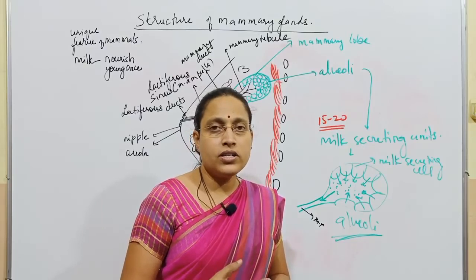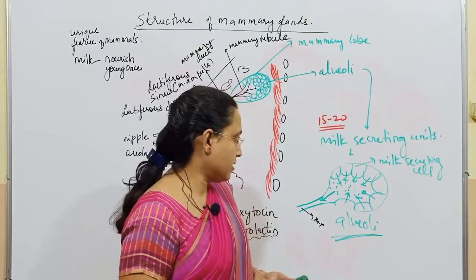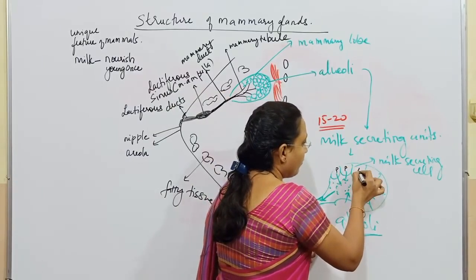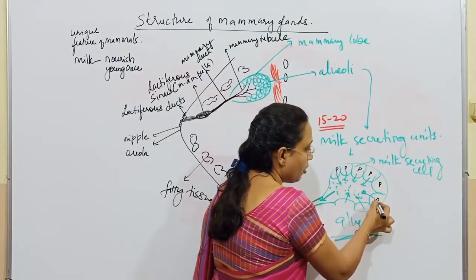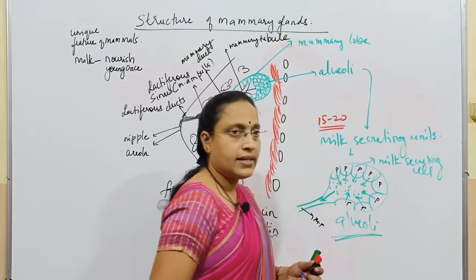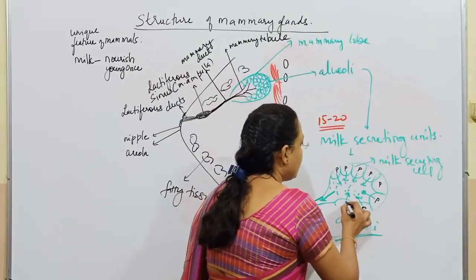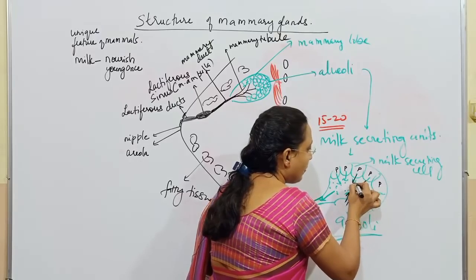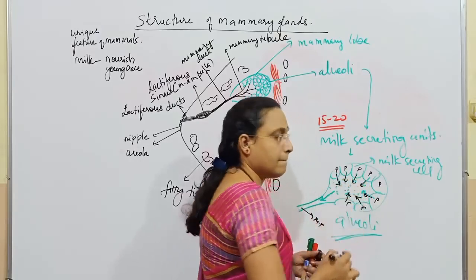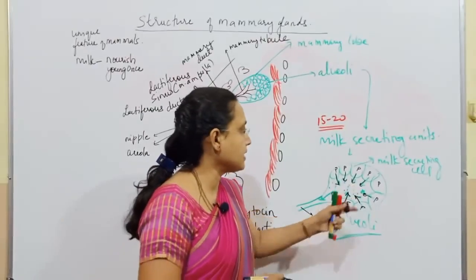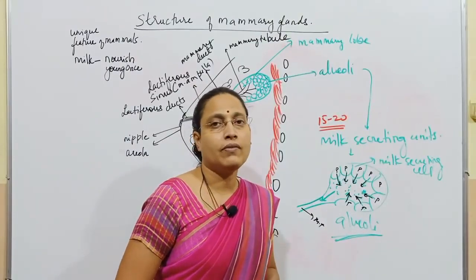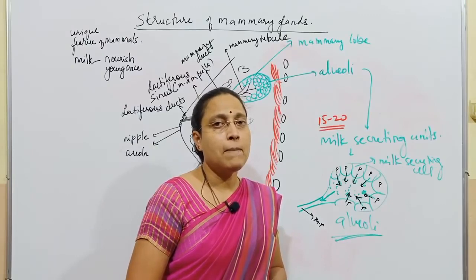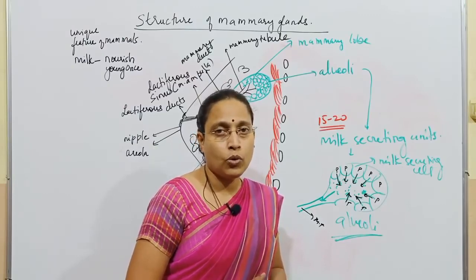When the concentration of prolactin increases, then due to the prolactin effect, these cells will start rapidly secreting the milk, which will get collected in the cavity of alveoli, and therefore prolactin is called the milk secreting hormone.